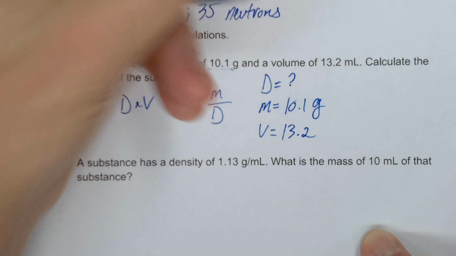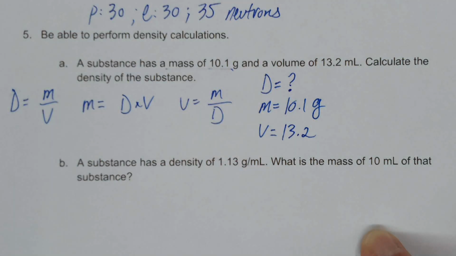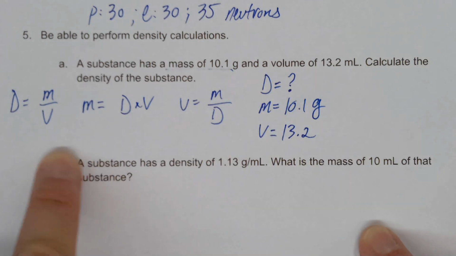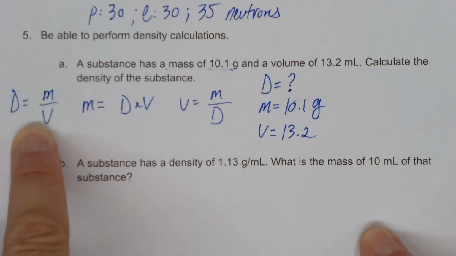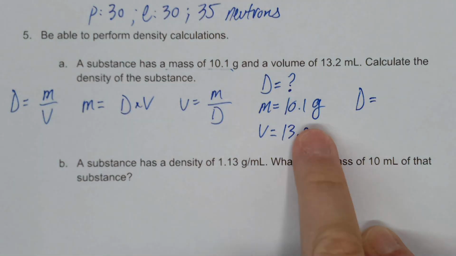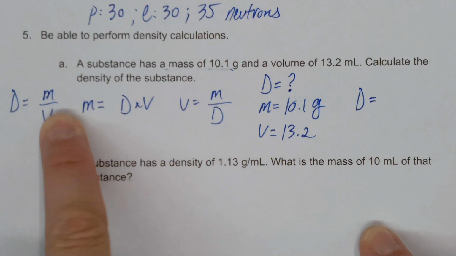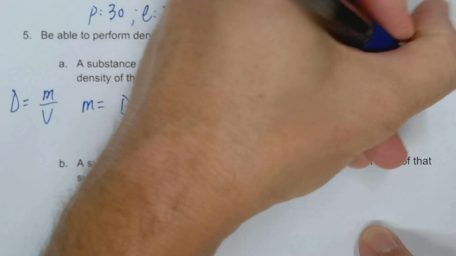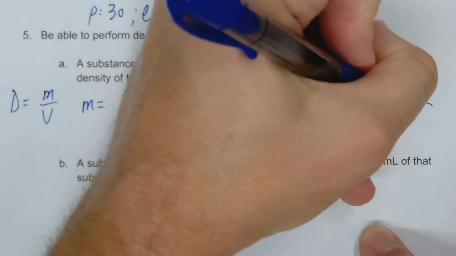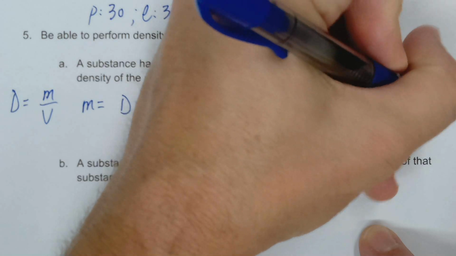So I don't know the density. So I'm always going to choose the equation where the missing variable, the missing letter, is on the left side of the equal sign. So I'm going to write D equals, and then I'm going to plug in 10.1 for M. And I'm going to plug in 13.2 for V.